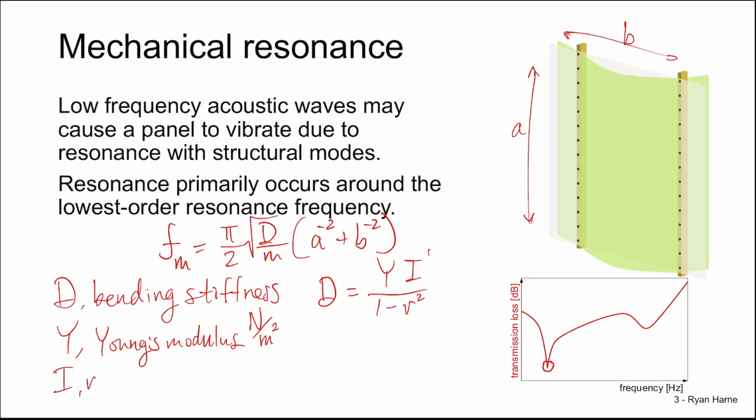I is the moment of inertia for this panel. I is equal to h cubed on 12, where h is the thickness, and nu, the Greek nu, is Poisson's ratio.